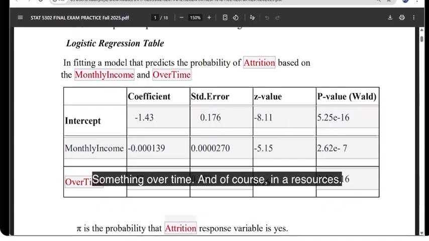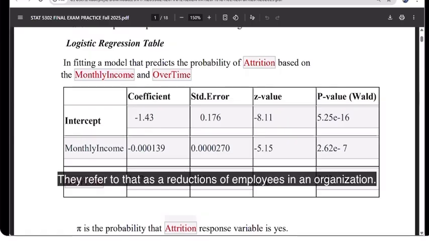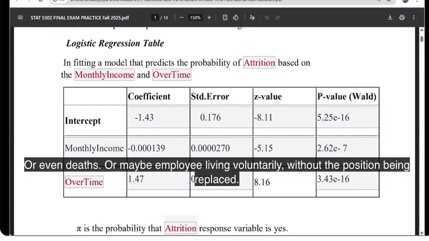In human resources, it refers to a reduction of employees in an organization, which can happen due to resignations, retirement, or even death, or an employee leaving voluntarily without the position being replaced.